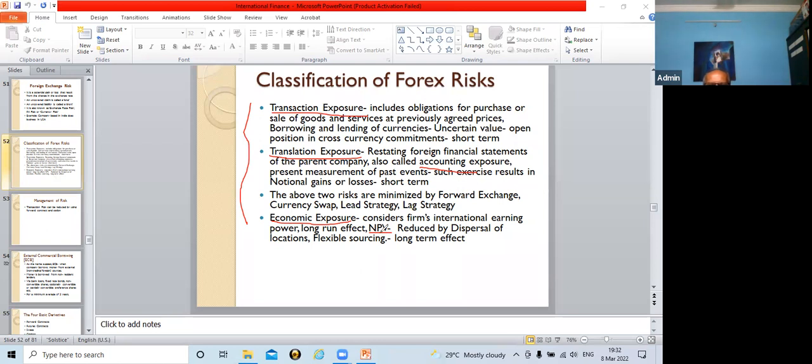All are positive, but त्याच्यामध्ये सगळ्यात जास्त जे काही पॉझिटिव्ह आहे that will be number 1. त्याच्यानंतर number 2, number 3. So that way you have to make ranking. हे ranking आपण केव्हा करणार? If there is more than one proposal. If there is a single proposal, then you just check whether there is a positive NPV, accept it. If there is a negative NPV, reject it. So economic exposure.